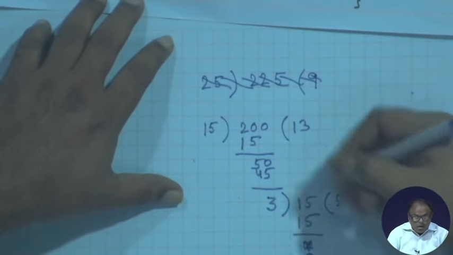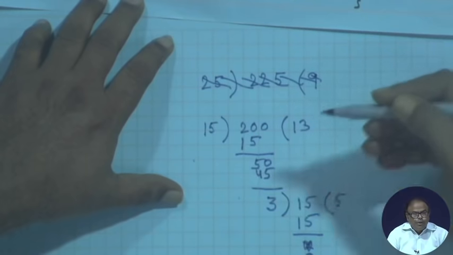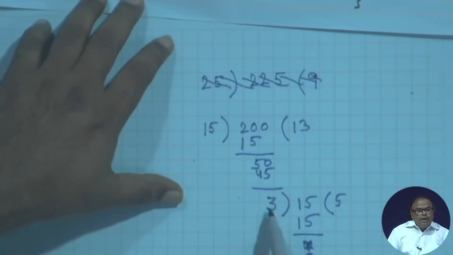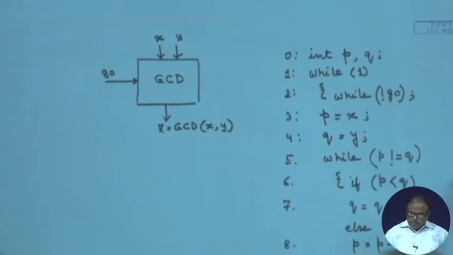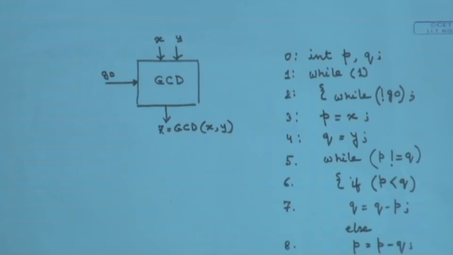So, I can continuously check for the remainder to be 0. If not, I will take the remainder and repeat the division with that. That will save me from repeated subtraction and repeated comparison of P and Q.